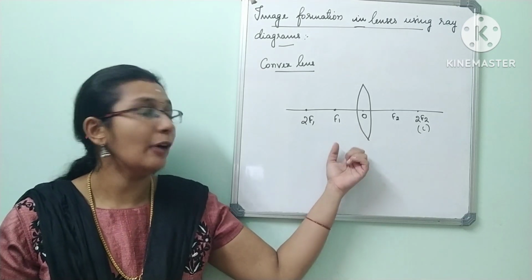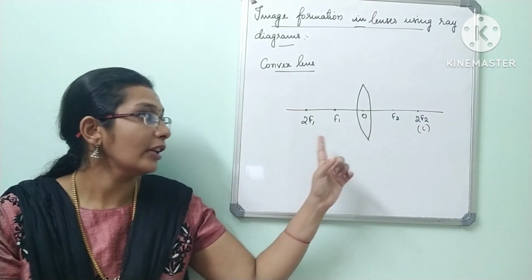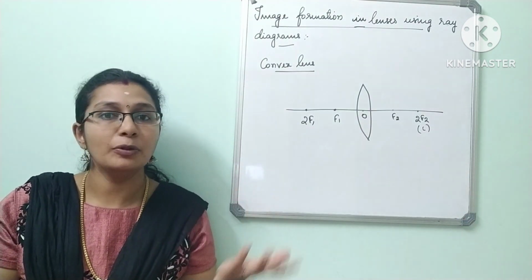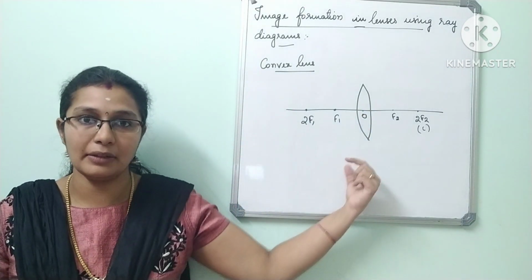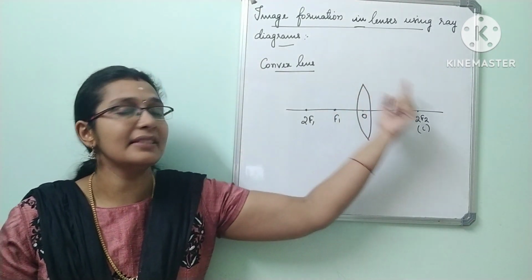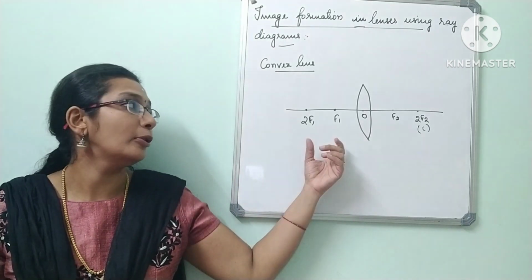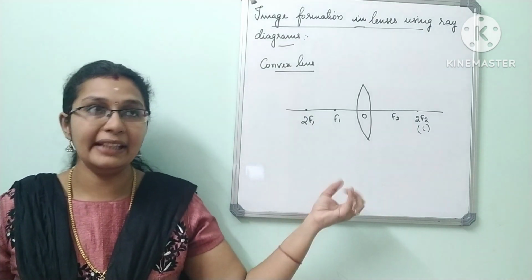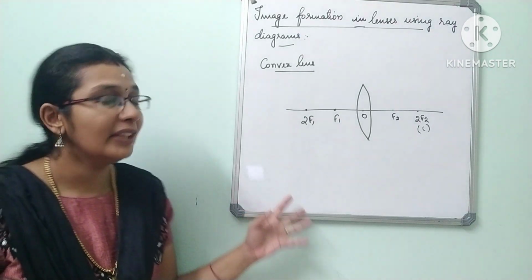And we have 2 focal lengths since we have 2 spherical surfaces, so F1 and F2. Instead of C we have 2 C's, because we have 2 centers of curvature, the center of this surface as well as the center of this one. So instead of center of curvature we use the terms 2F1 and 2F2. Clear? Yes. Those who don't know the details about this, please watch my previous session. So, convex lens.